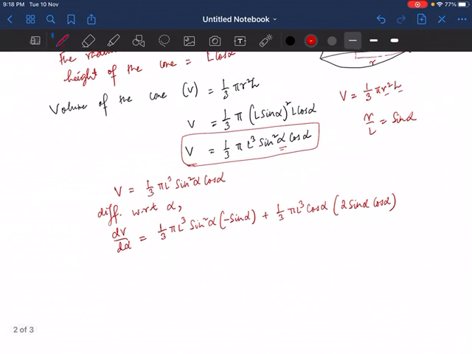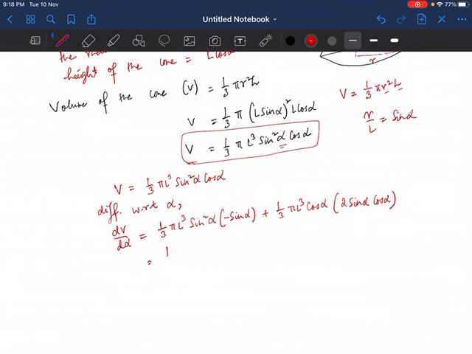We could take 1 by 3 pi L cube common, so we have minus sine cube alpha plus 2 sine alpha cos square alpha.